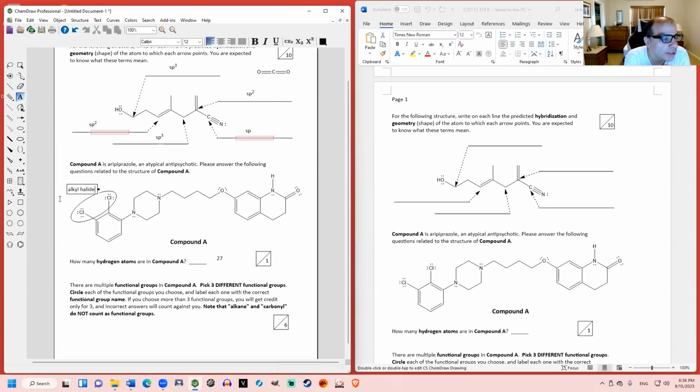But those are going to be alkyl halides. Really, we should include the carbon atom. So maybe I want to do more like that. And then we also have two aromatic rings. Here's one. And here's one.